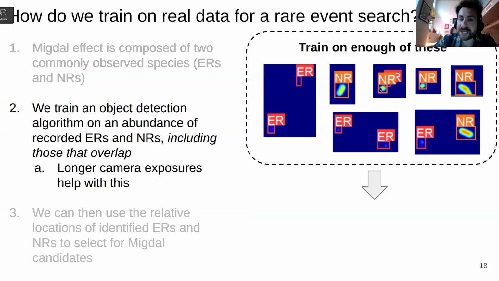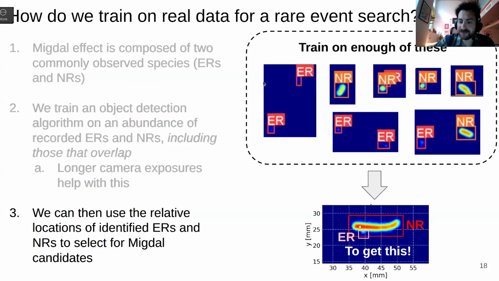And so the idea is you train an algorithm on enough of these electron recoils and nuclear recoils that once it's trained and you give it, in this case, a simulated Migdal effect event, it'll give you what you want. It gives you a bounding box around the nuclear recoil part and the electron recoil part. And I'll say that this actually is what our trained algorithm gave us on this track. So it was able to find that tiny electron recoil that's poking out.